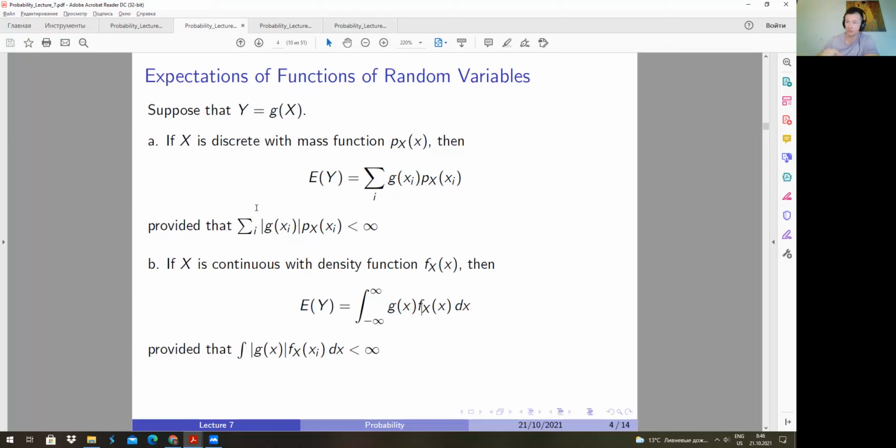If you transform your random variable somehow, the expectation of this transformation is calculated in a similar way as the expectation for the initial random variable, but you need to apply this transformation inside the expectation sign. Yeah, sorry, there must be y here. Yes, there must be y, because now y is a new random variable.